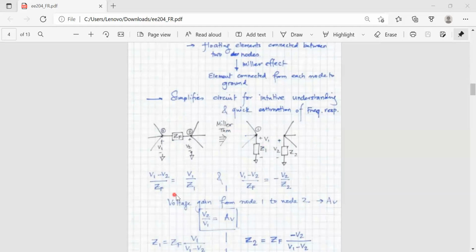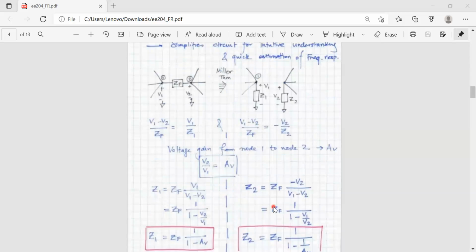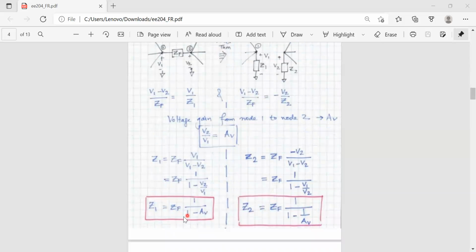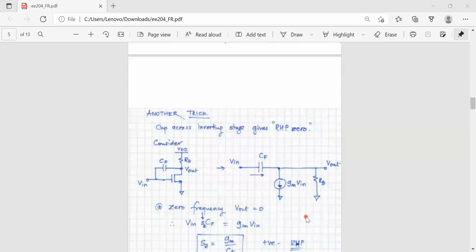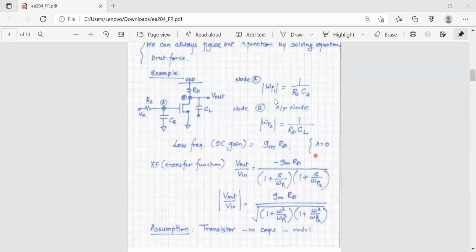We can find Z1 and Z2 by solving these two formulas. We will get Z1 as ZF by 1 minus AV, and Z2 as ZF by 1 minus 1 by AV. And this is the procedure to find the poles of the circuit.